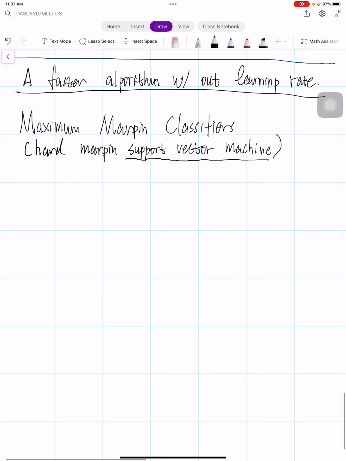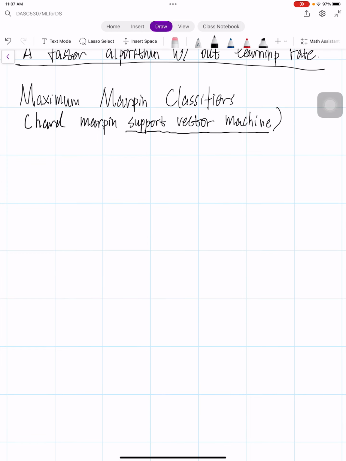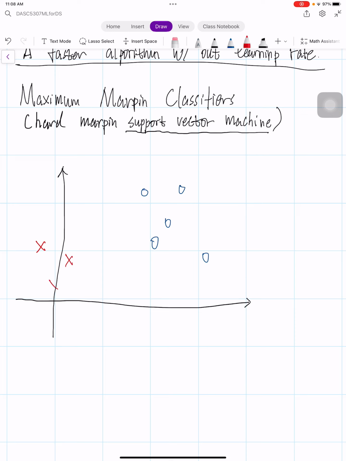Okay, so the basic idea is, suppose we have an example. We have the X feature plane, and we have the blue dots. We have some data points on this side, and we have some classified not in this class cases.